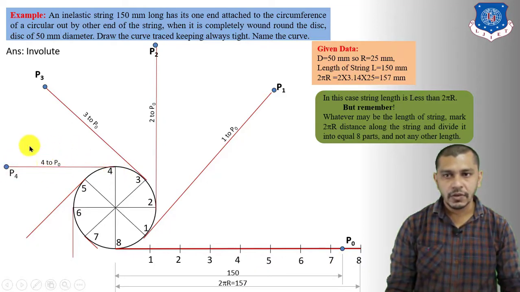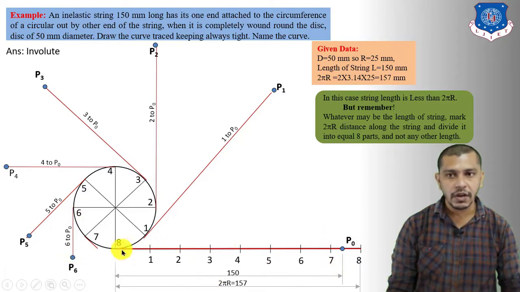Now measure 5 to P0, put your rounder at 5, and mark P5 on this line. Now measure 6 to P0, put your rounder at 6, and mark P6. Now measure 7 to P0, put your rounder at 7, and mark P7.